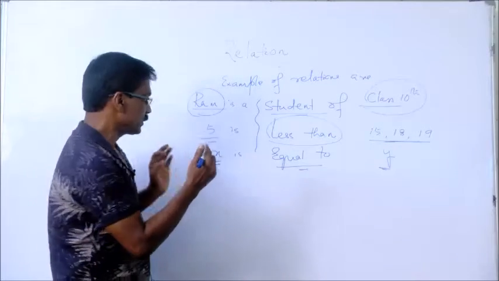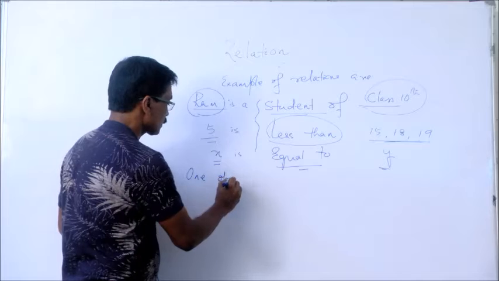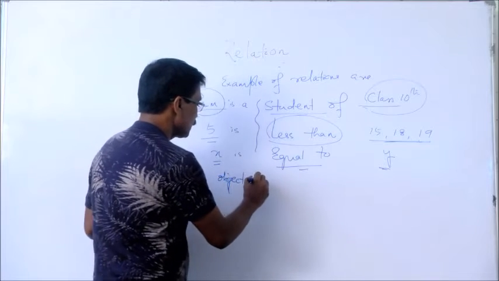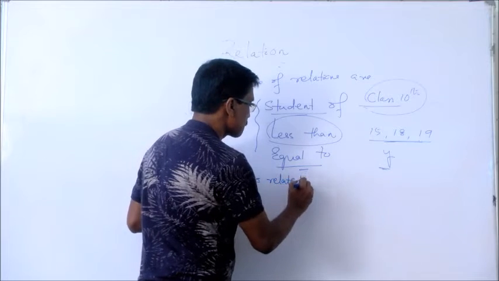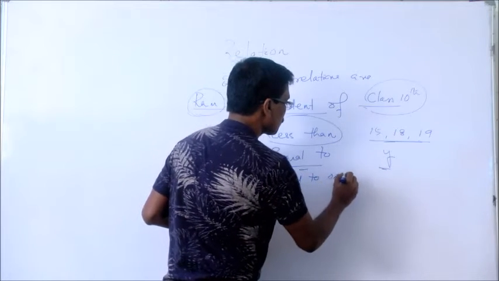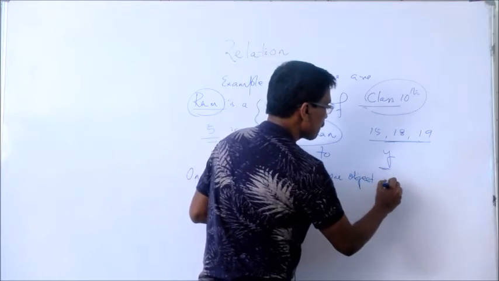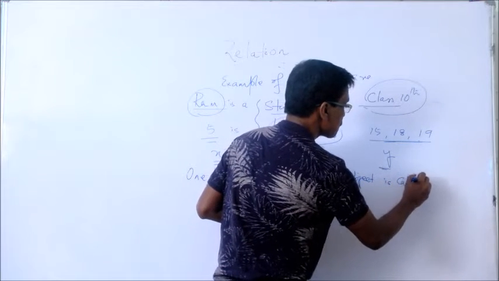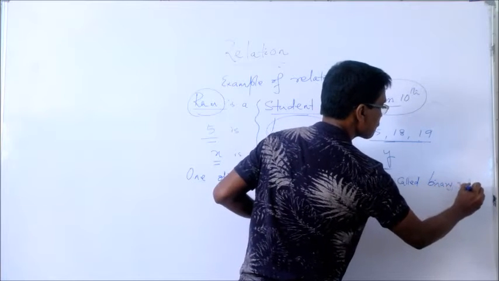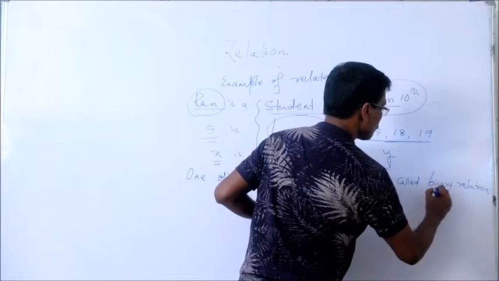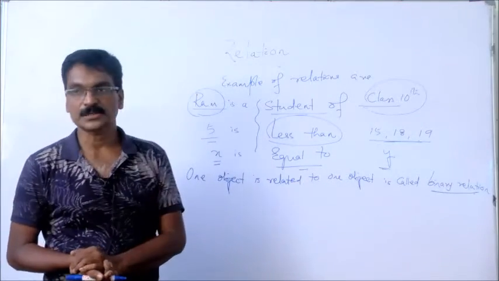If one object is related to one object, it is called a binary relation. Otherwise, it is not a binary relation.